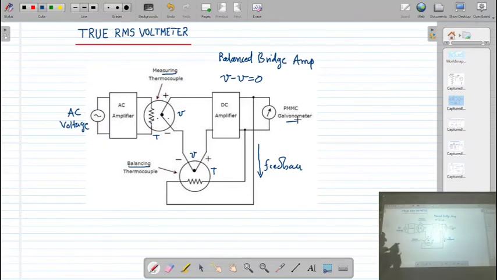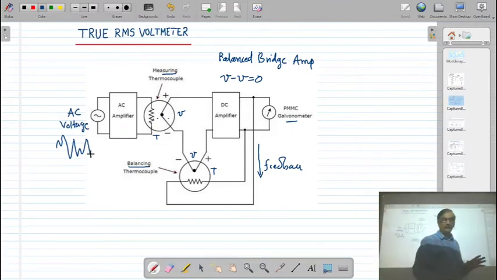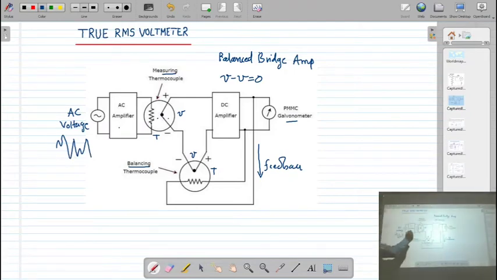Now, when we apply an AC voltage of any shape, remember, the advantage of this meter is that you can apply any kind of wave, a complex signal, correct? This AC signal is going to be amplified by this amplifier circuit, and that amplified signal is going to appear across the resistance.